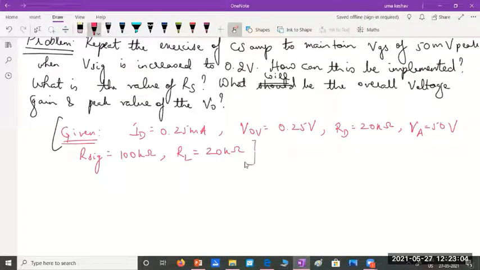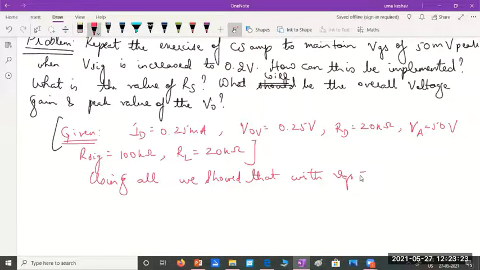All these values were given in the previous problem, and using them, we showed that with VGS of 50 millivolts, V0 would be approximately minus 1 volt peak.